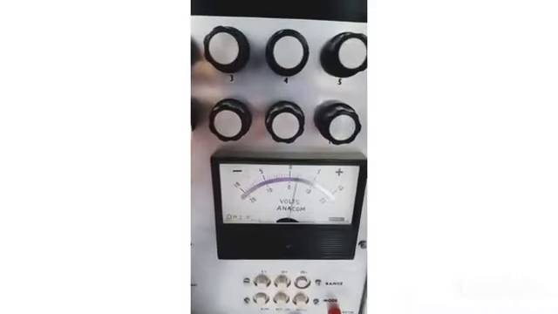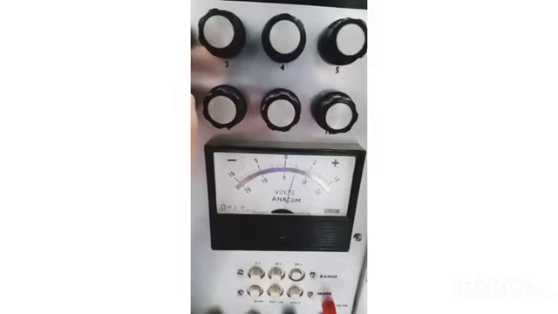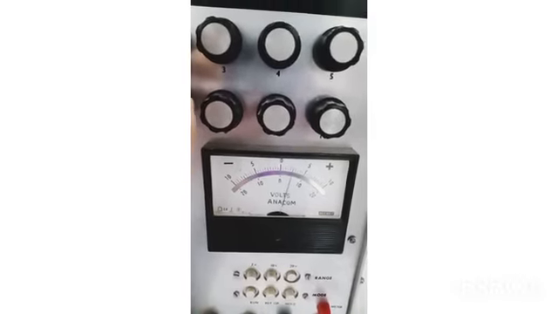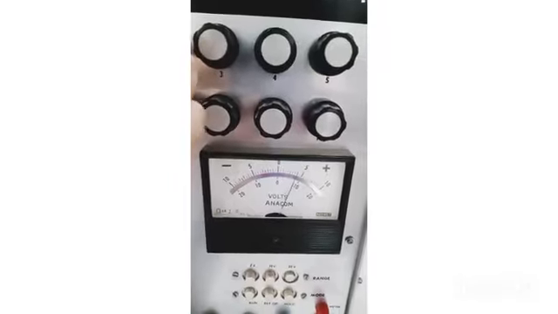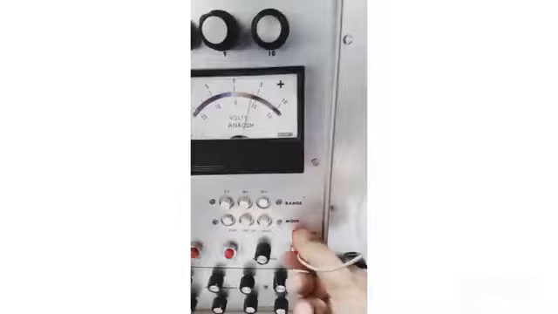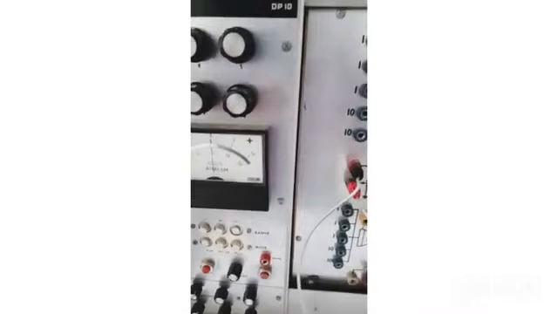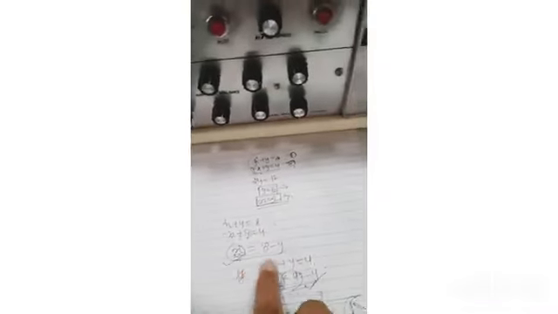I am going to make it 8. Okay, 1 2 3 4 5 6 7 and 8. So I got 8 volts. Now I am going to remove this from here and add this here. So our first equation is ready.